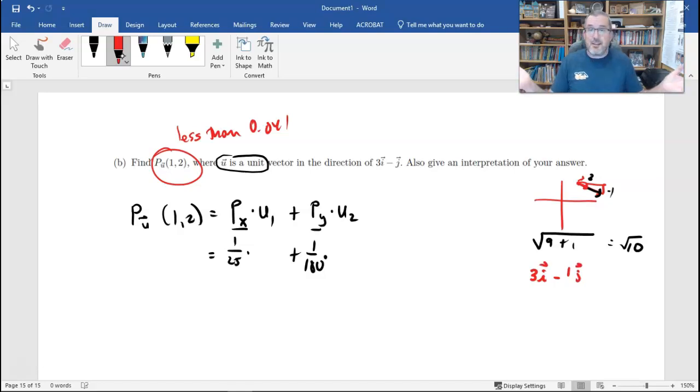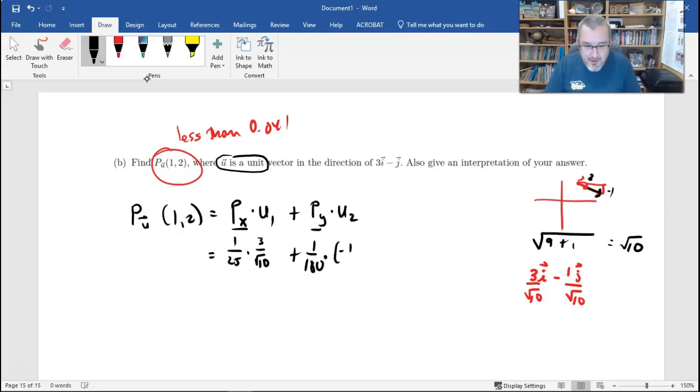Because if you take the length, the square root of 10, and divide by the square root of 10, you've scaled it by a factor of 1 over the square root of 10, thus scaling it down to just 1 unit. So divide by the square root of 10. Back over here, that u1 would be 3 over the square root of 10. That u2 would be negative 1 over the square root of 10.